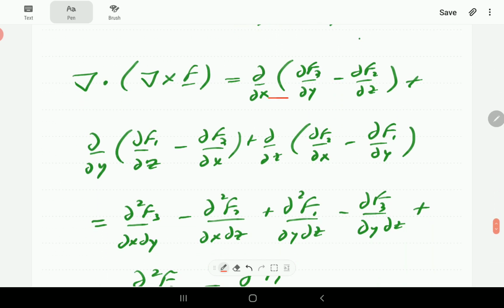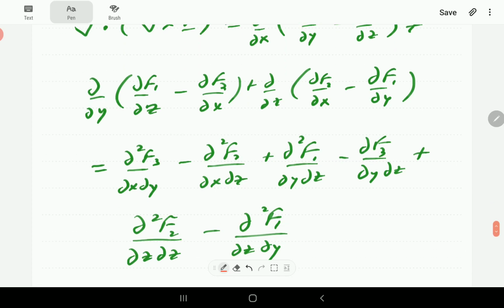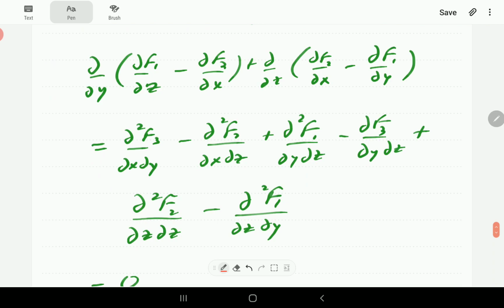And then removing these brackets here, this one, for instance, is going to be the second order derivative of f3 with respect to x and y. This one, second order derivative of f2 with respect to x and z. And then similarly for the other 4 terms.